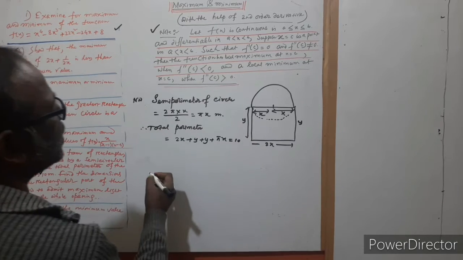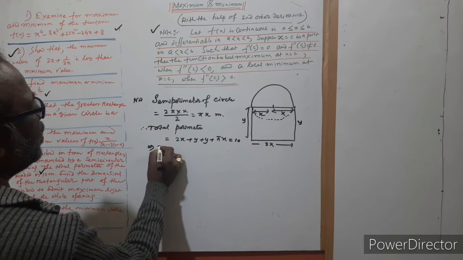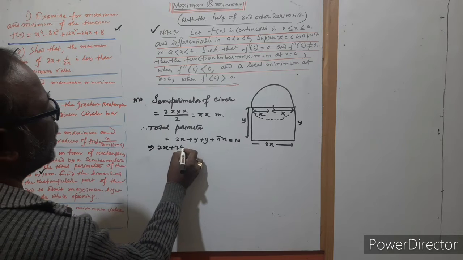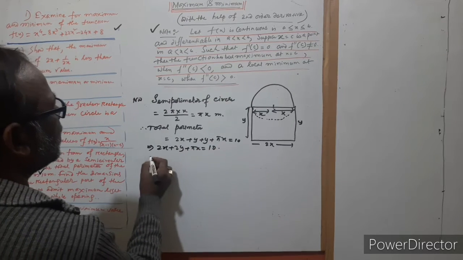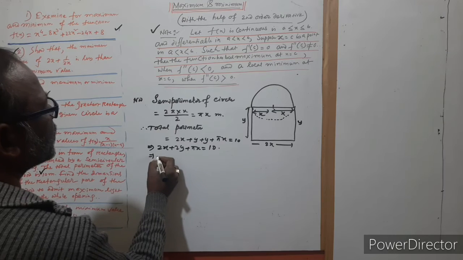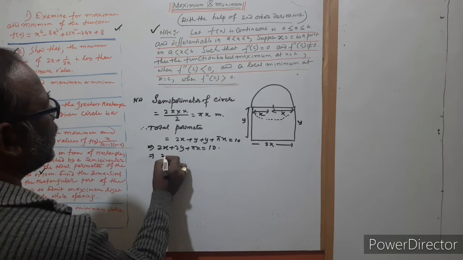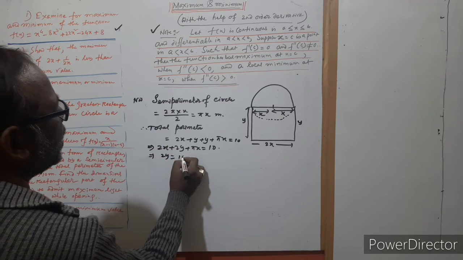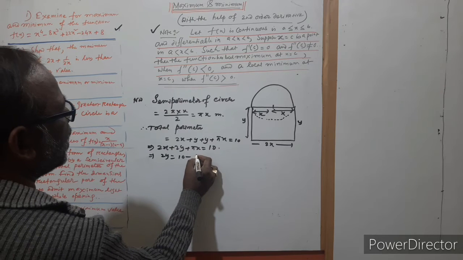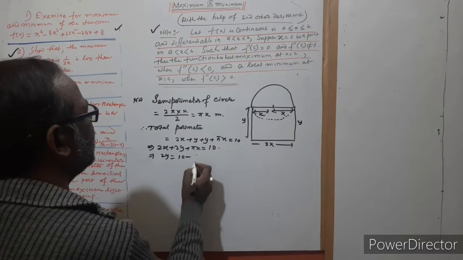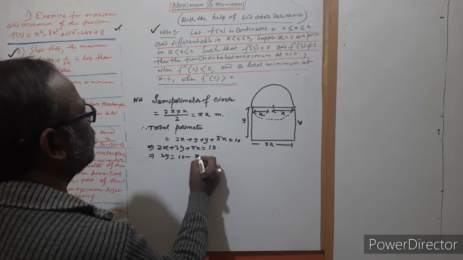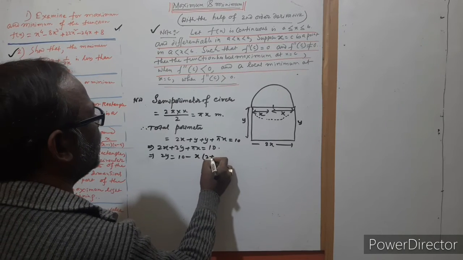This is the given case. And now twice x plus twice y, and this is here pi x, and this is here 10 meter. And now find twice y, and this is here 10 minus, taking a common 2 x actually, then 2 plus pi here.